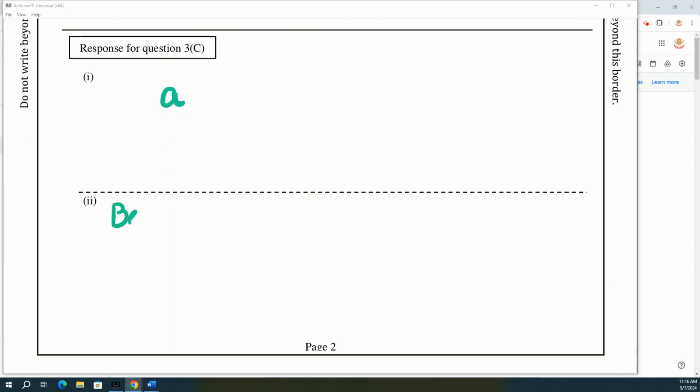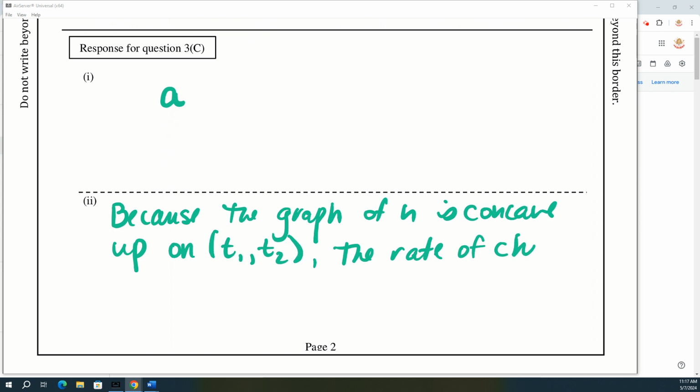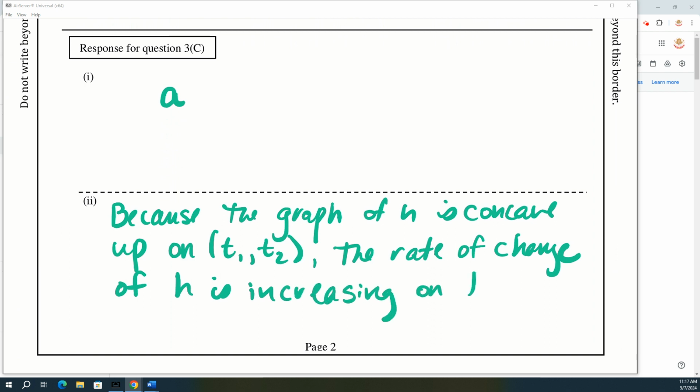So because the graph of H is concave up on the interval from T1 to T2, and I'm going to quote the problem, the rate of change of H is increasing on that interval.